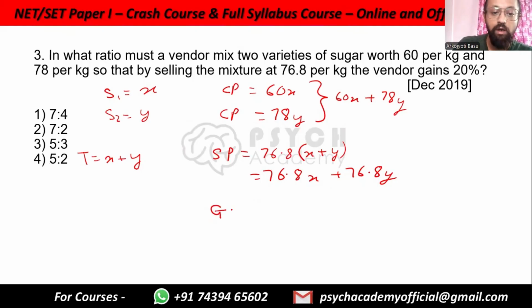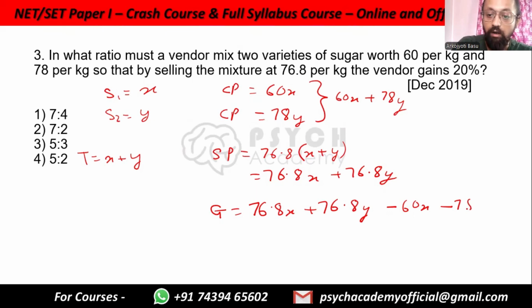Now what is the profit? The profit or gain is equal to selling price minus cost price: whatever he is selling at minus whatever he has spent. So gain becomes 76.8x plus 76.8y minus 60x minus 78y, which comes to 16.8x minus 1.2y.